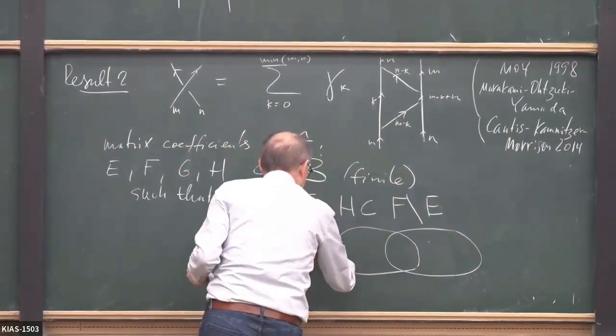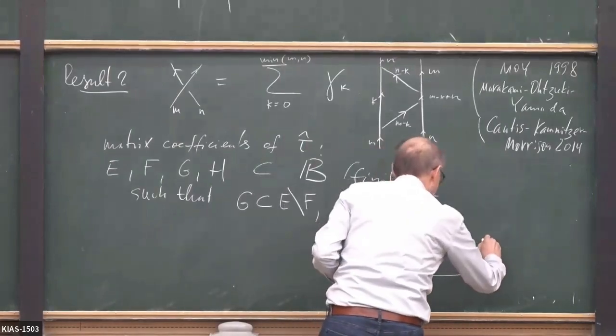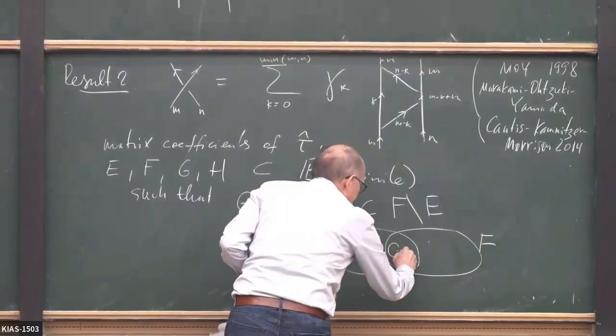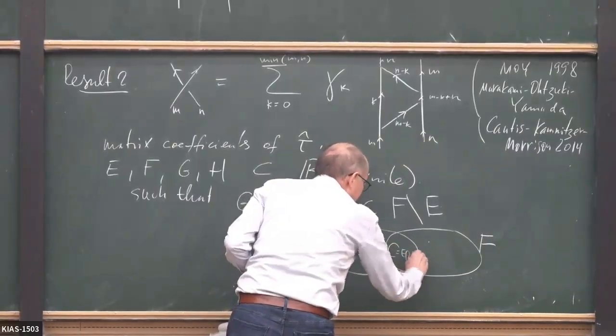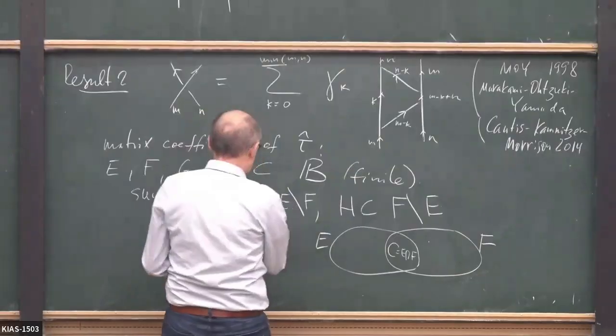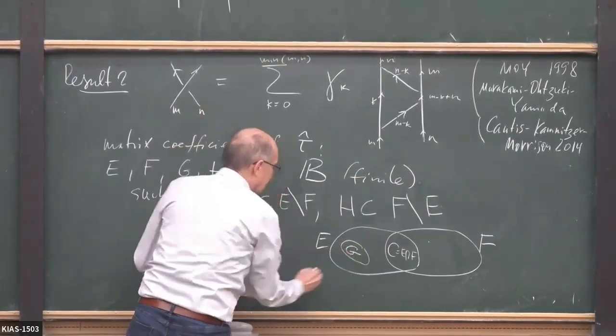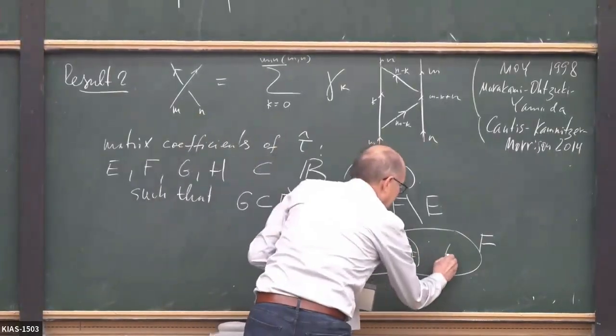So this is E, this is F, and here we have C, which is the intersection. And so G should be in here, and H is somewhere here.